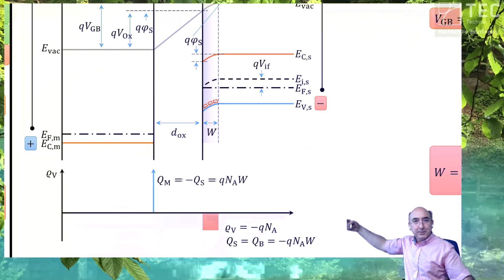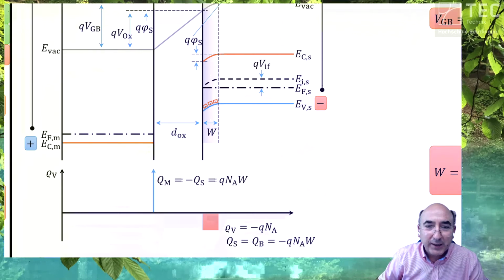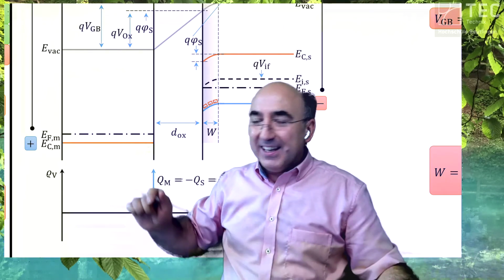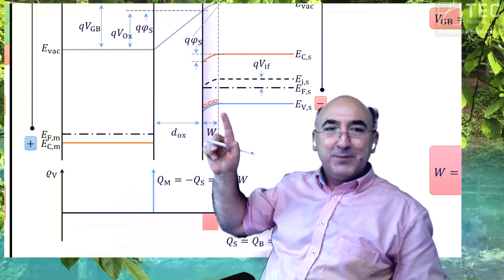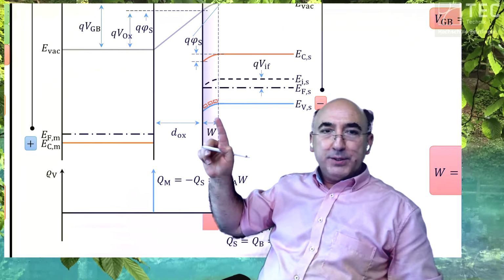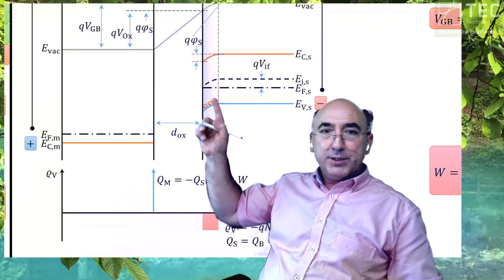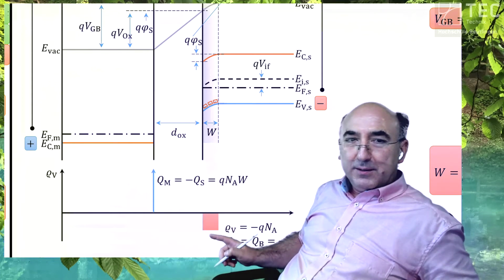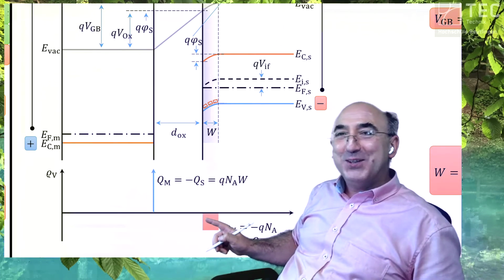Okay, here's the limit of my picture. I have to increase my picture. One moment, please. Here, this extension of the space charge and this space charge accumulation is represented.